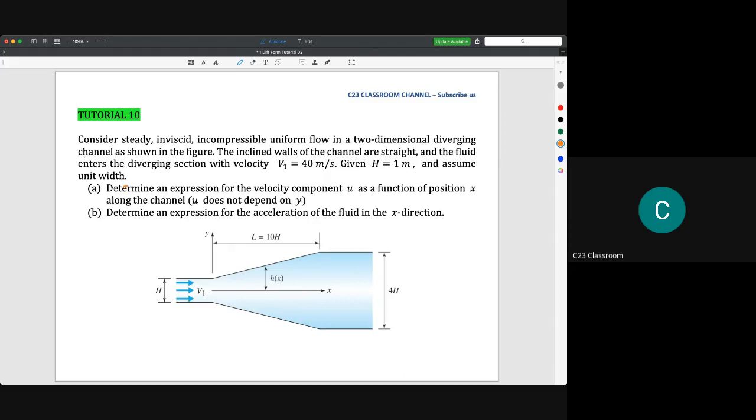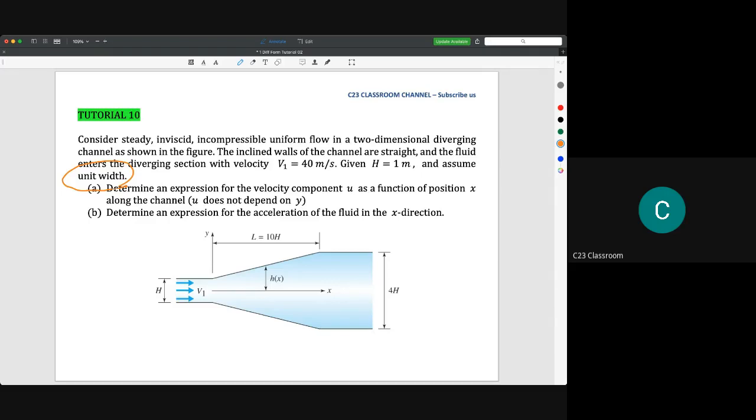One unit width here means we assume that the width is equal to 1 meter. The question is to determine an expression for the velocity component u as a function of position x along the channel. U does not depend on y. Then we need to determine an expression for the acceleration of the fluid in the x direction.